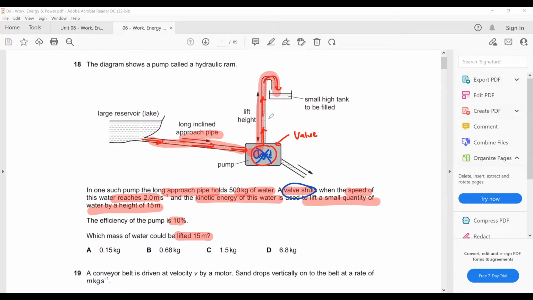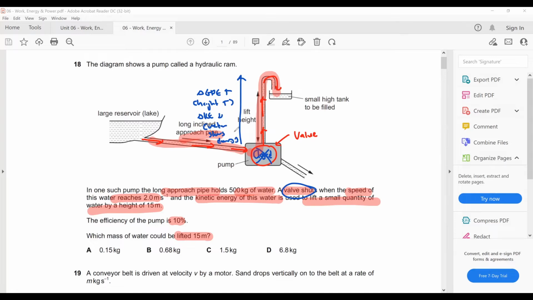So when you are moving from here to here, you had a gain in GPE because height increases, and then also you will have a loss in KE because water slows down.